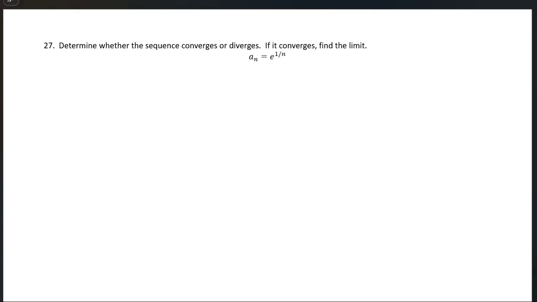Okay, what about this one? Limit as n goes to infinity of e to the 1 over n. This is a composite function. Imagine it's like e to the x and 1 over x. Remember, for composite functions, we can find the limit of the innermost first, and then if it's continuous, plug it into the outer one.